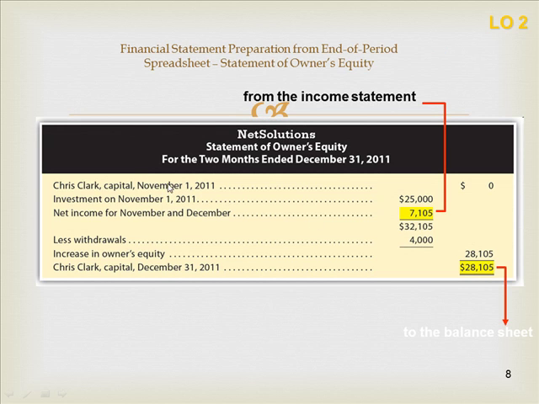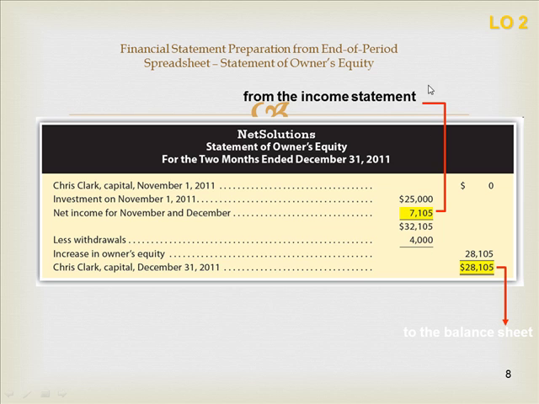For Chris Clark, on November 1st, he had a zero capital balance because he had not yet opened the company. Later on in the day, he invested $25,000 in the company, so that's why instead of it being a beginning capital of $25,000, it's actually an investment of $25,000.